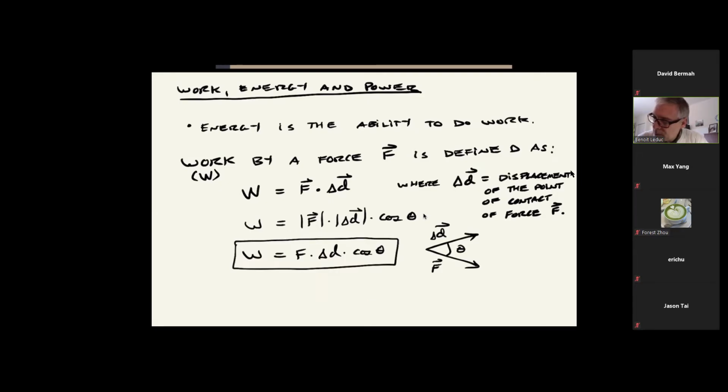So let's do a simple example here. So put it back to black. So example.